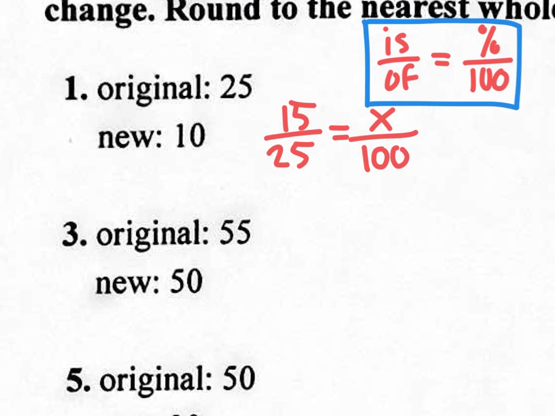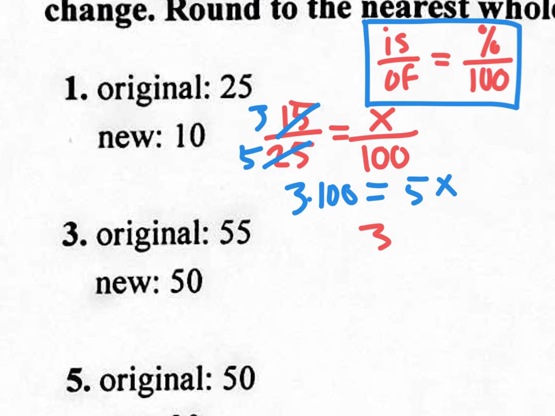And now you're able to cross cancel. You could reduce first, because 15 over 25 reduces down. If you reduce by 5, it'll give you 3/5. So when you cross multiply, you're going to have 3 times 100 equals 5 times X. So you really have an equation that reads 300 equals 5X.